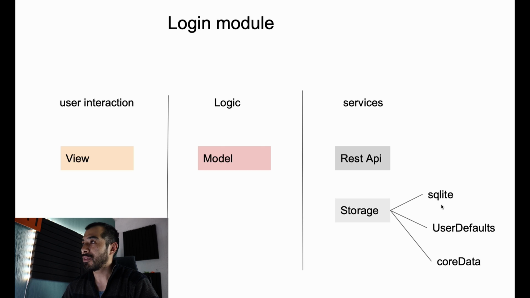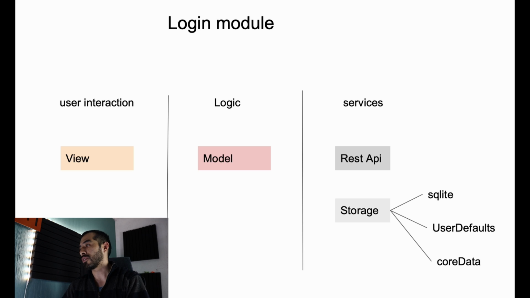If I want to change the implementation of my storage, I can do it easily. I can use SQLite if I want. I can use user defaults, or I can use core data. And I can do that without breaking my code. No changes in my logic, no changes in my user interaction. No problem here, no problem here, and also no problem here in my storage, because the changes are very easy to do. So I'm going to show you an example with code.